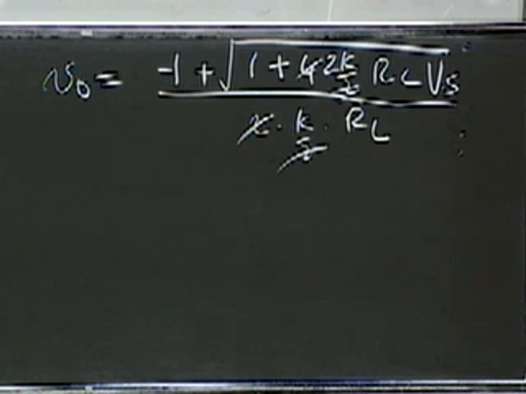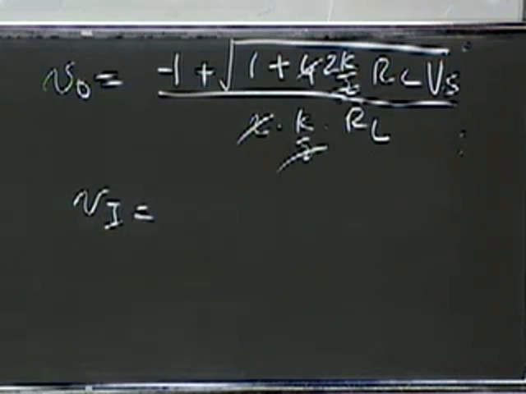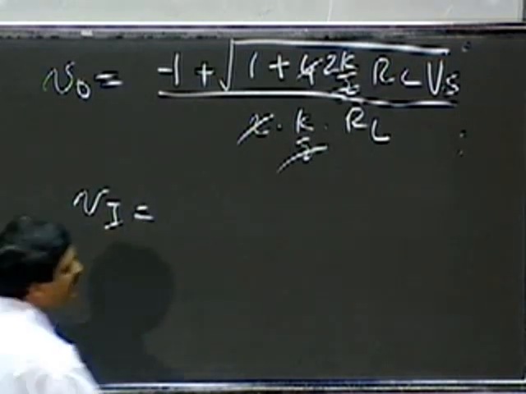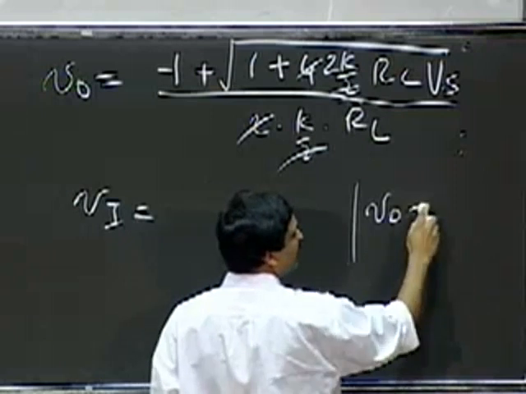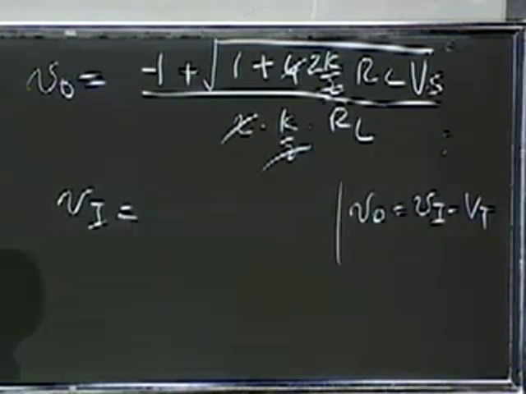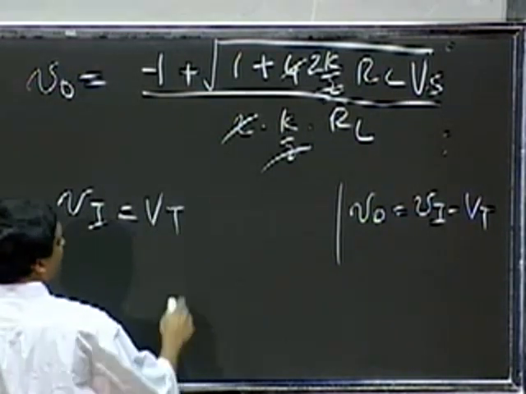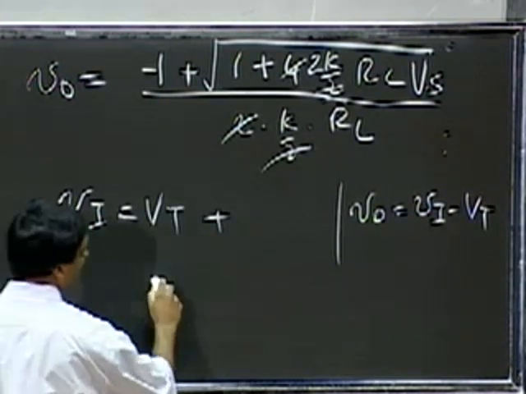Okay, so that's my V naught. So what's Vi equal to? Remember that at this point V naught equals Vi minus Vt. So Vi is simply Vt plus V naught.